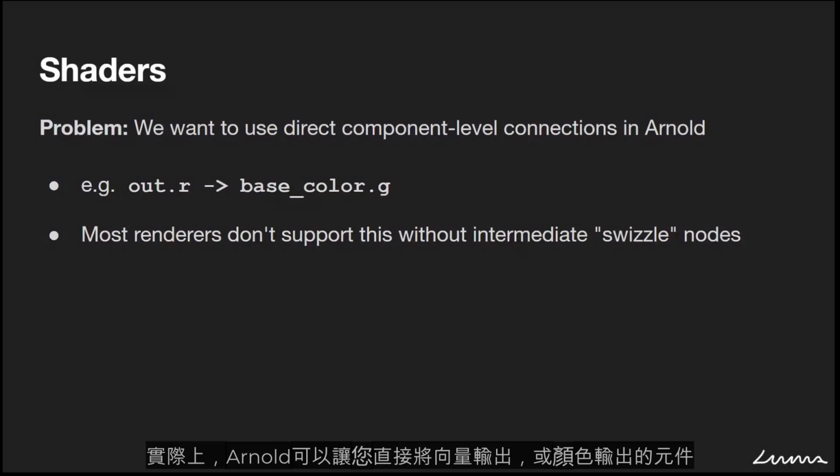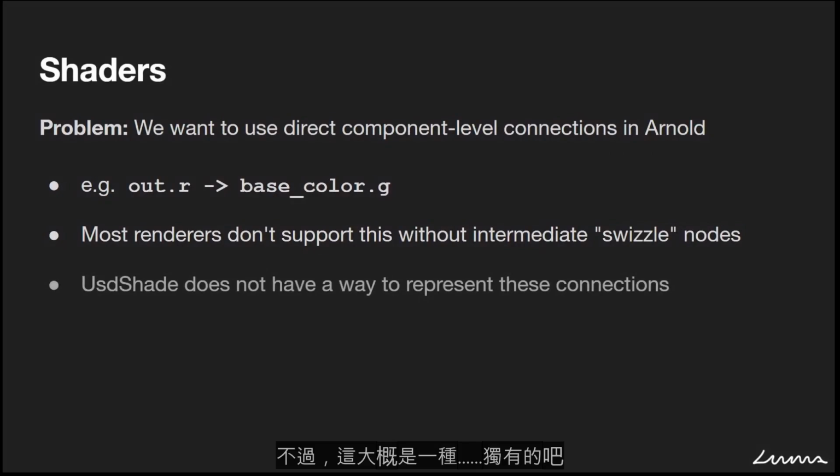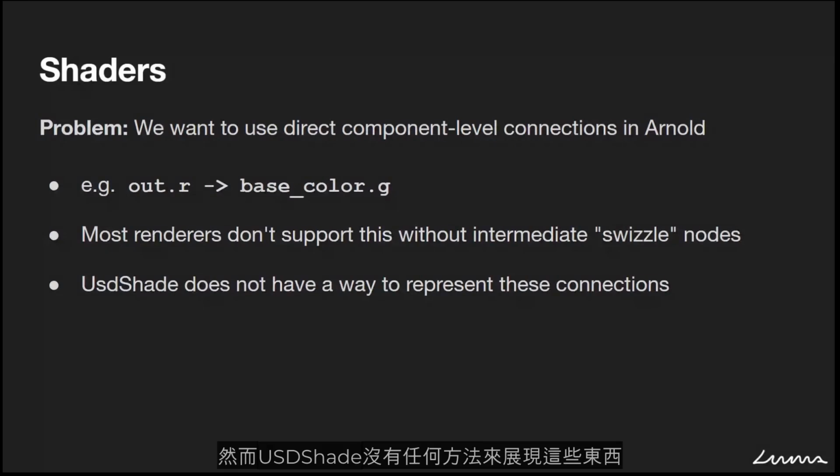Arnold actually lets you directly connect the components of a vector output or a color output to components of another input. I don't actually know if it's unique to Arnold, but it's certainly among the major renderers. I believe Arnold is the only one that supports it. But USD Shade doesn't have any way of representing this.